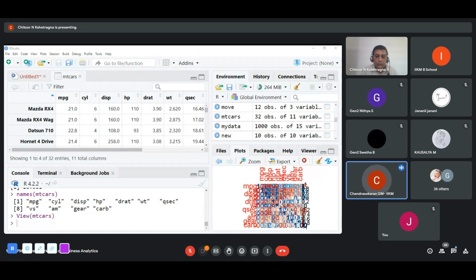The way he has taken up this session is very interesting, and you can foresee where the future is and how we can take it up. I think you all would have got a good clarity on what business analytics is and what the industry standard is.